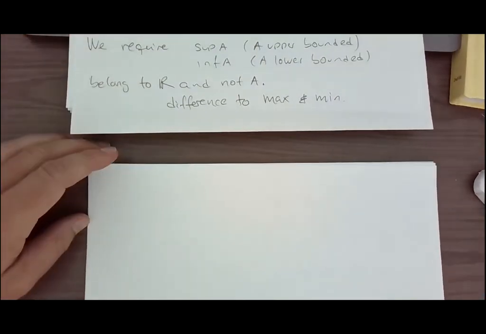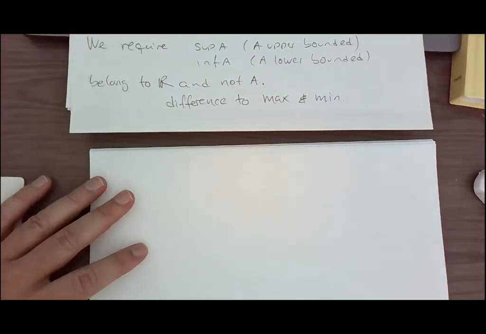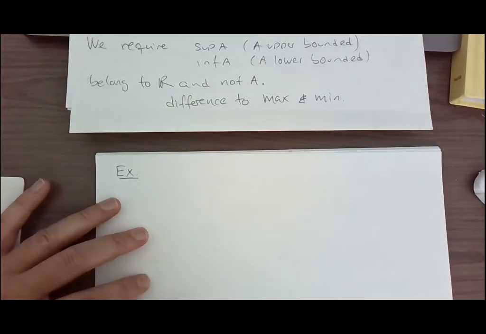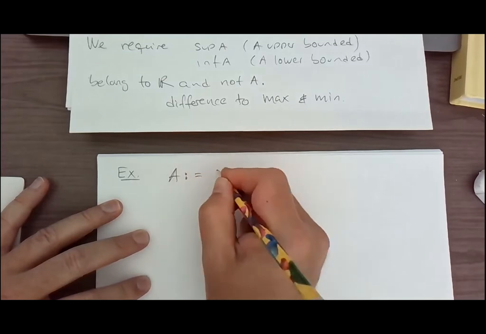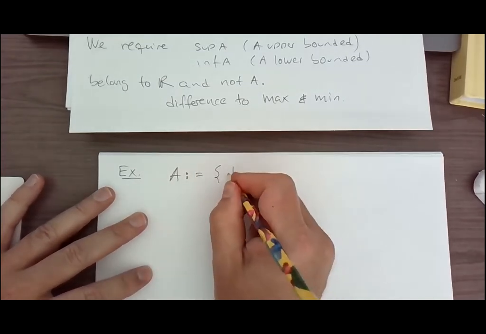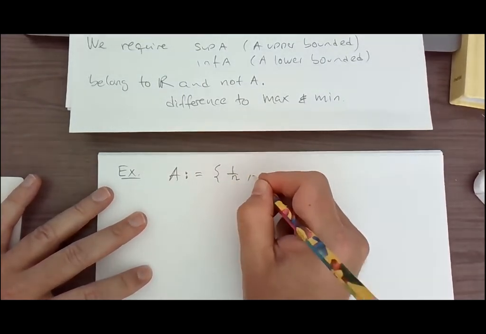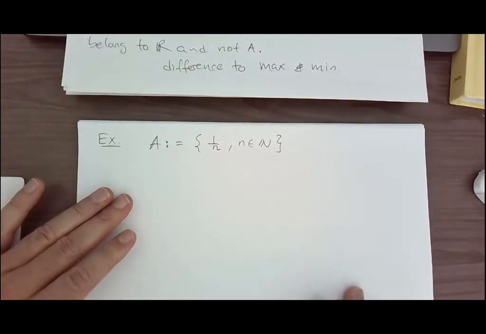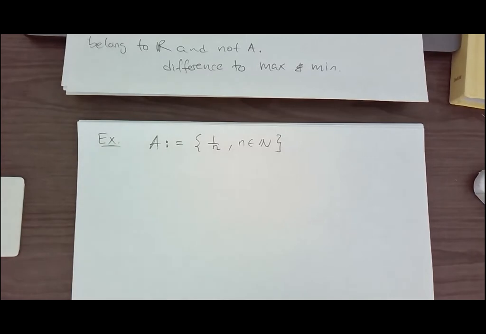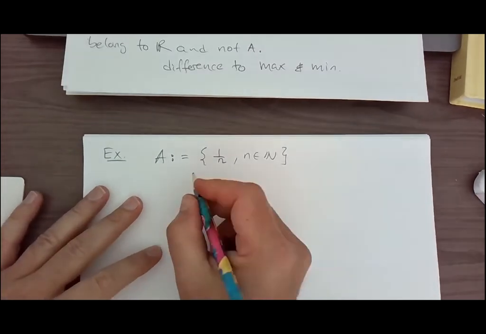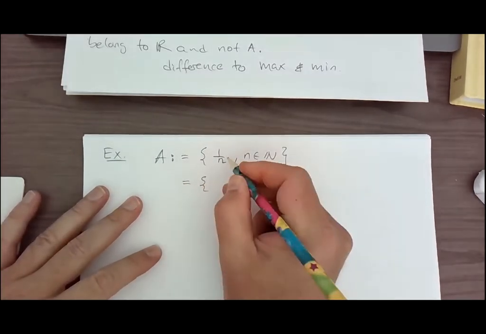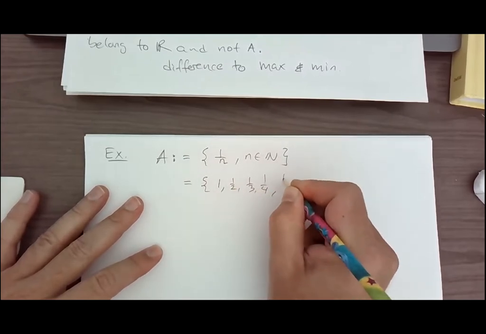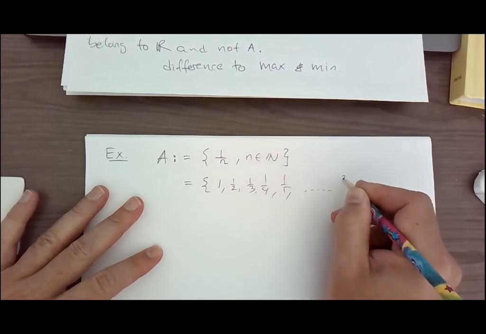I have 5 examples prepared, so let's walk through some of them. If I take a set, this is 1 over n, n in the natural numbers. So what do we have inside here? This is going to be equal to 1, a half, a third, a fourth, a fifth, and so on.